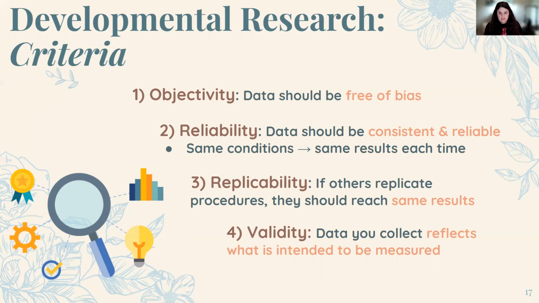So we have to make sure that the data we're collecting reflects what's actually intended to be measured. A study might meet all other criteria, these first three, but might not have validity. And without validity, it's really of no value to the scientific community. So these are the four criteria that are aimed for in research.